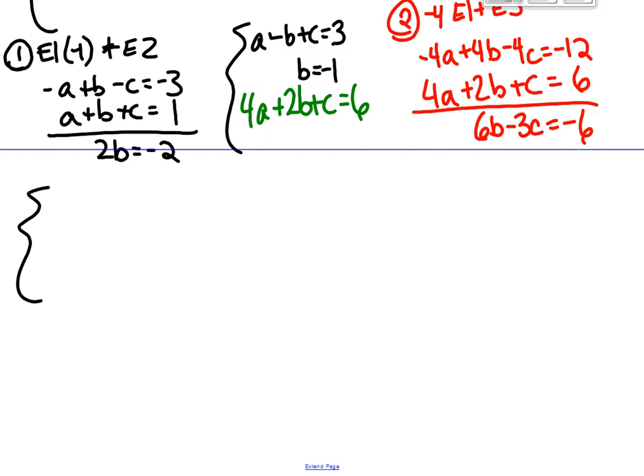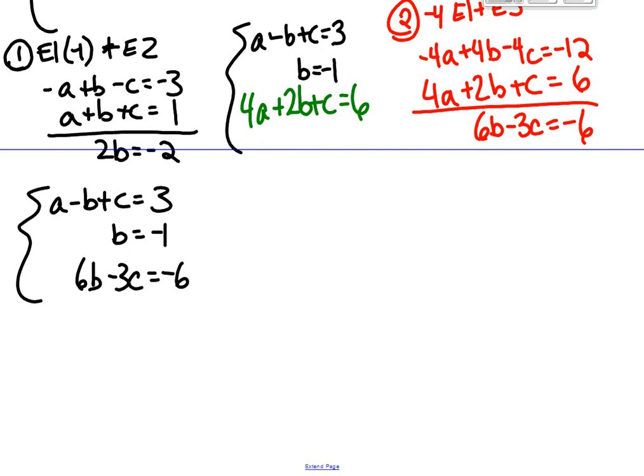And so when I write that system, then I'm going to have A minus B plus C equals 3, B equals -1, and then 6B minus 3C equals -6.